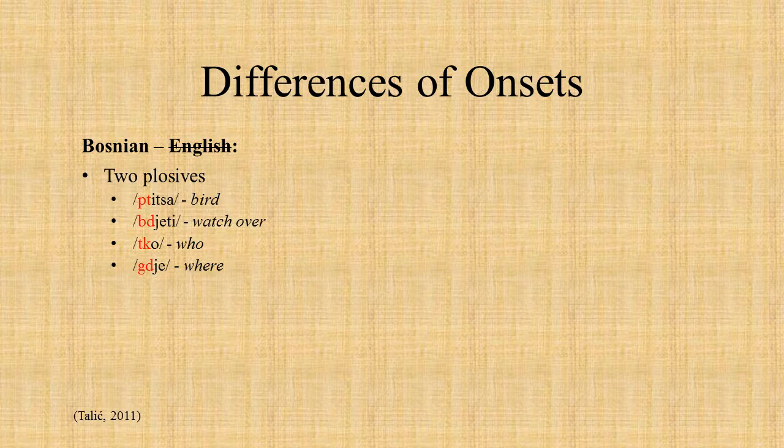Bdjeti, which means to watch over in English, is another example of a combination of two plosives. Also the words tko for who and gdje, which is where in English, are two plosive combinations. So this is the first difference of onsets we can observe between those two languages.